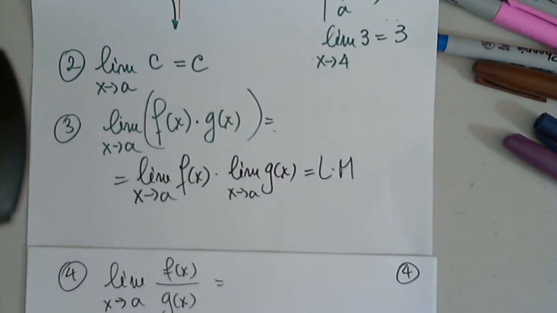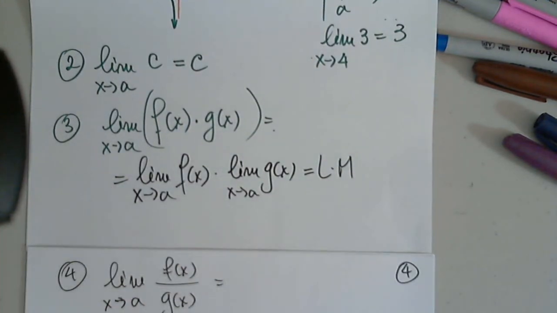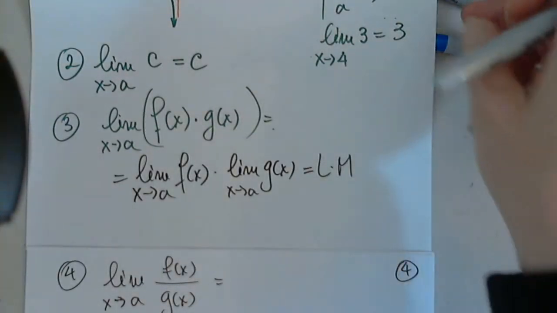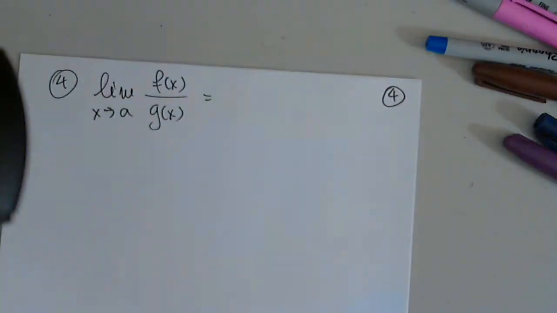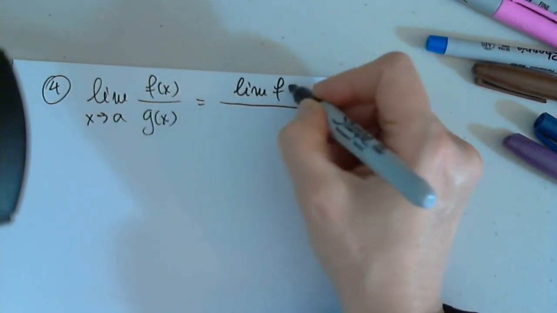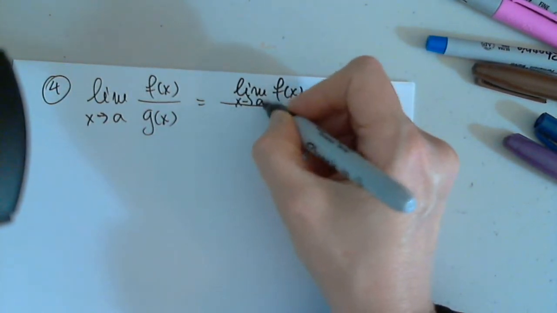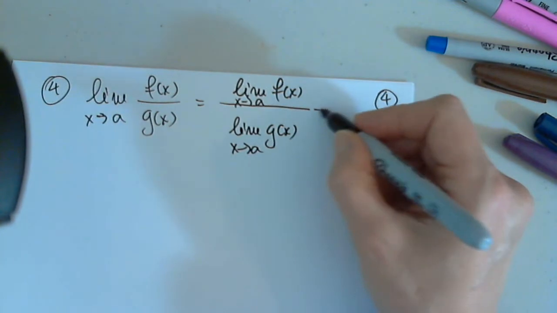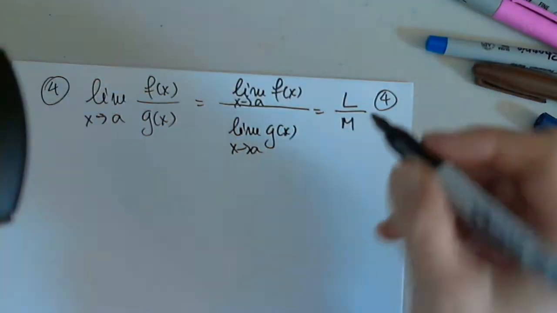I have to write the intermediate step, but you're correct. Eventually it will be L over M. So, limit of f of x over the limit of g of x as x approaches a, and this is indeed L over M.